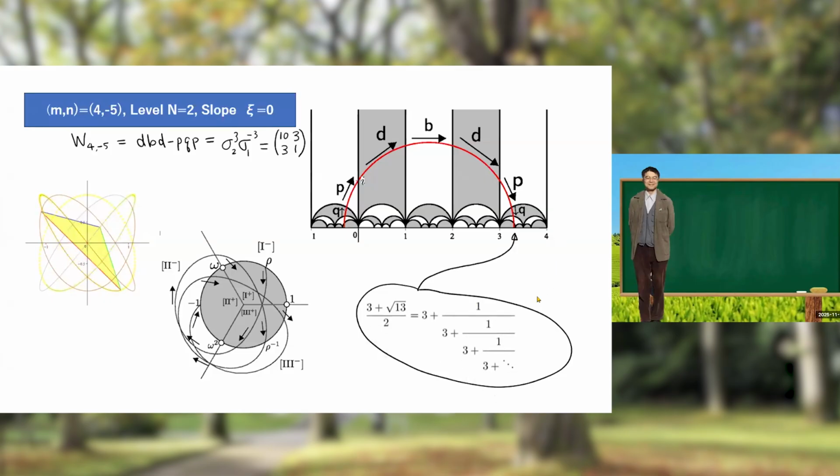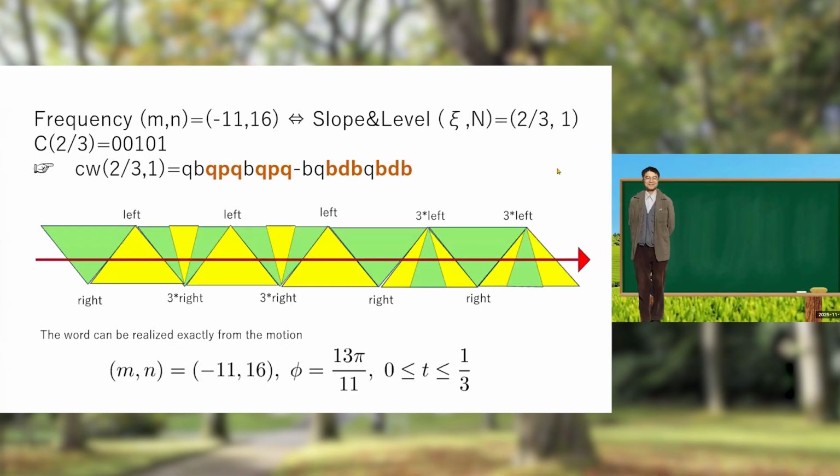If we expand its ending point as an odd-term continued fraction, then this also explains the BDPQ words.